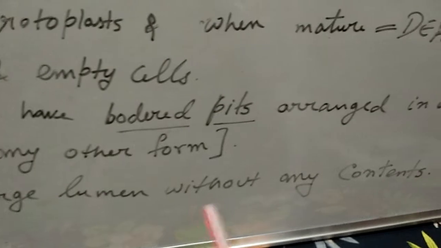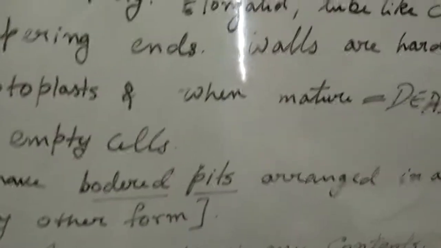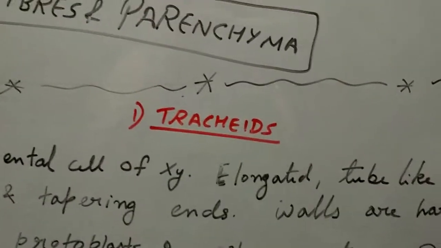Large lumens, or a single lumen, are present without any contents, since a dead cell has no contents.